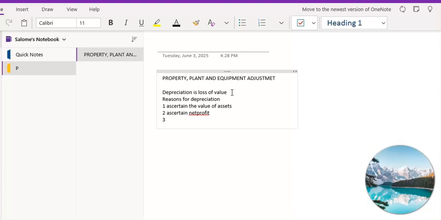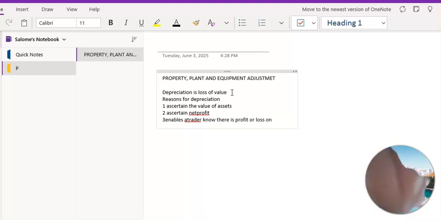It also facilitates a trader to know whether to dispose of his assets at a loss or not. So it enables a trader to know whether there is profit or loss on disposal of fixed assets.